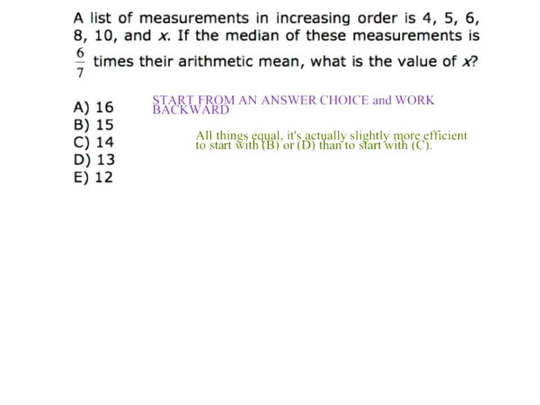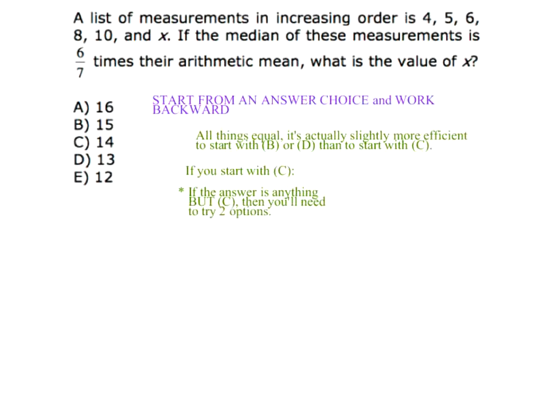But what's interesting is that if you start with B or D on these kinds of things, let's say you chose C to start with. Let me give you a quick explanation of this statement. If you start with C, then if the answer is anything but C, you'll need to try 2 options.